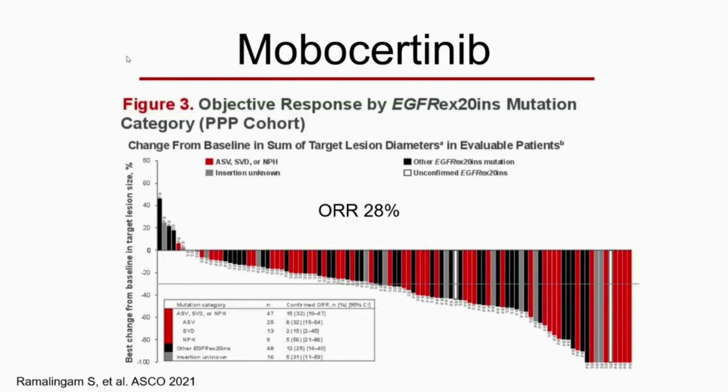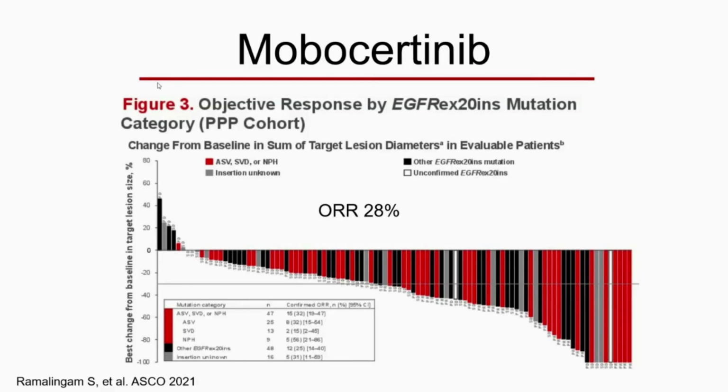We still need better drugs in this space, but this is at the same time a drug that is clearly working better than the first generation EGFR inhibitors in this space. So I think as medicinal chemistry improves, the hope is that we'll develop better and better drugs in this space.